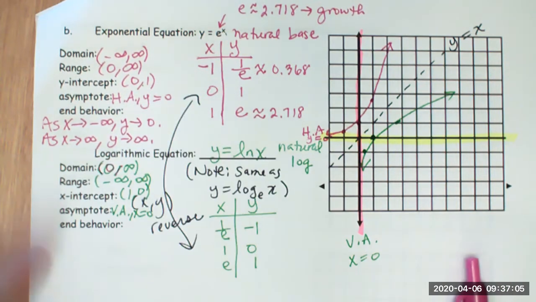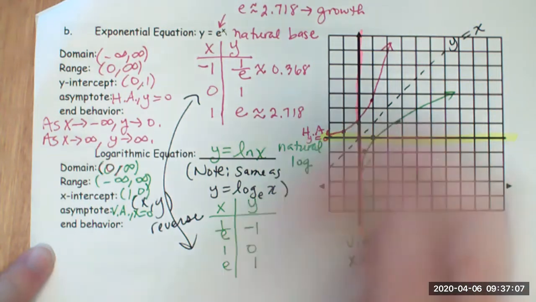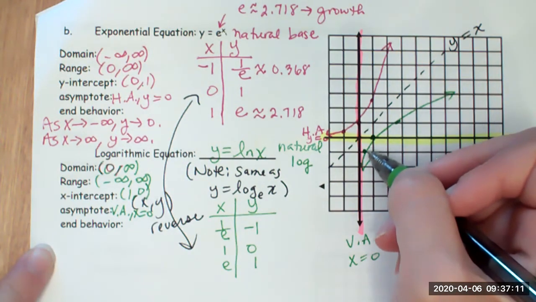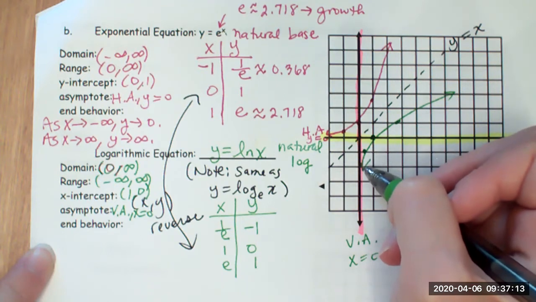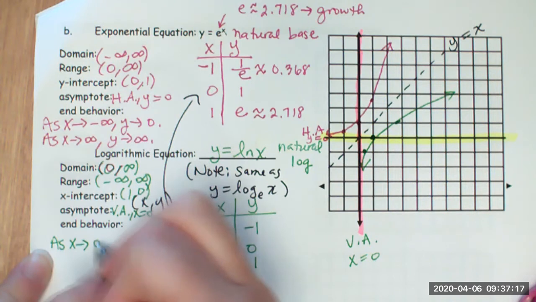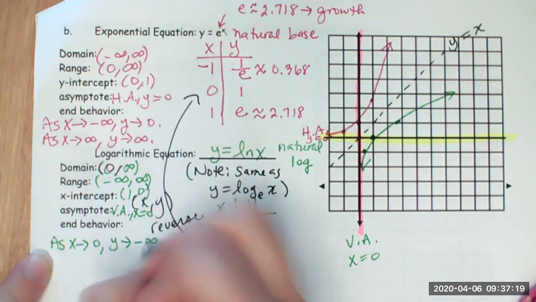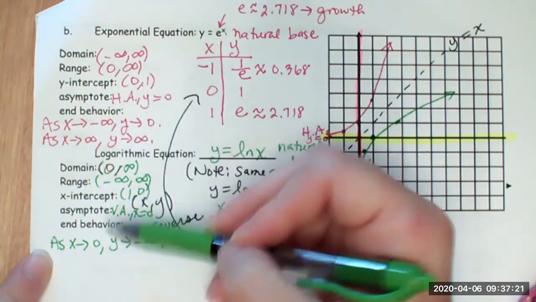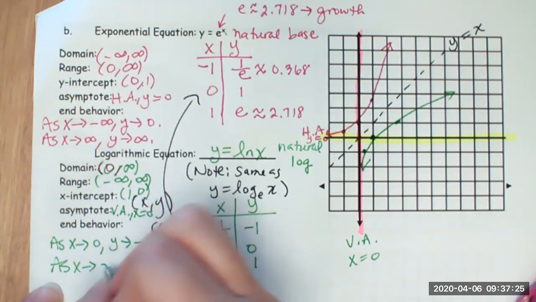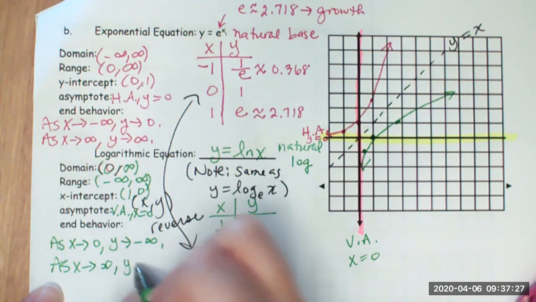Let's switch that around here. As x approaches 0, y is going to approach negative infinity. See that switch? And as x approaches infinity, y approaches infinity.